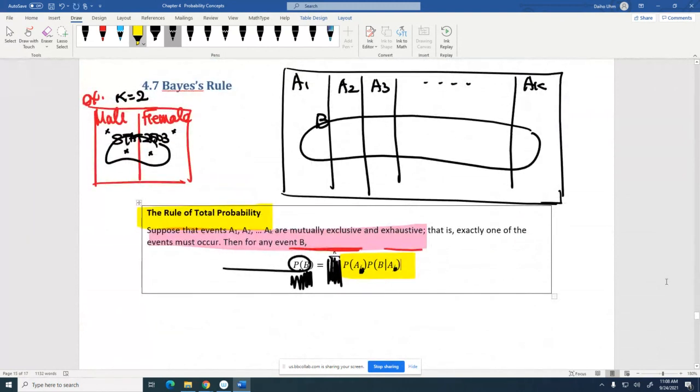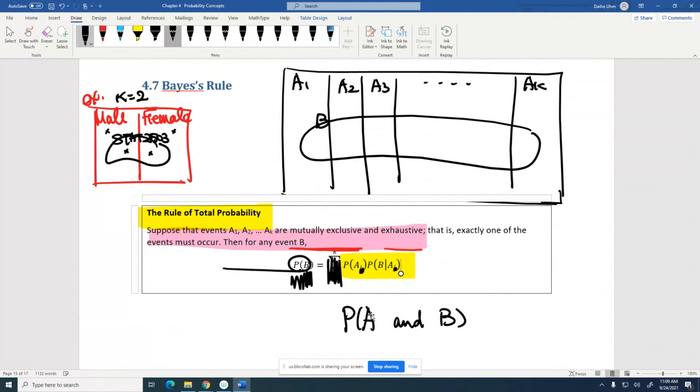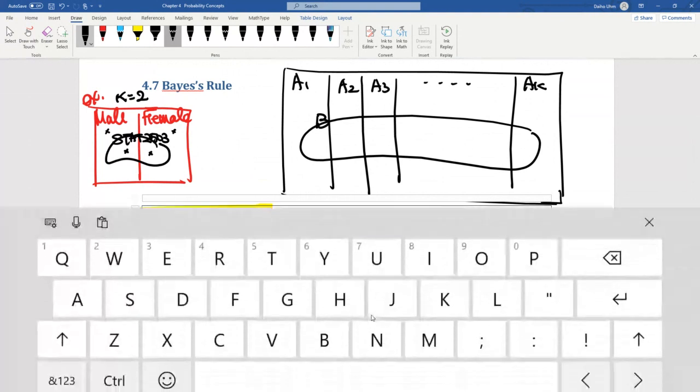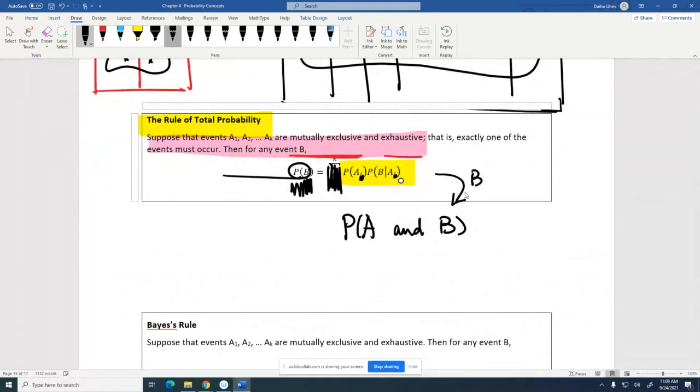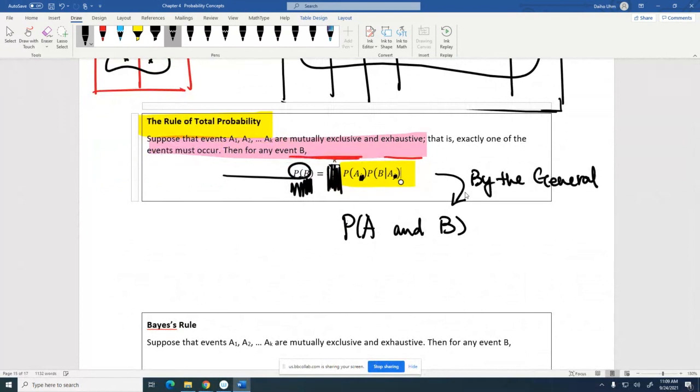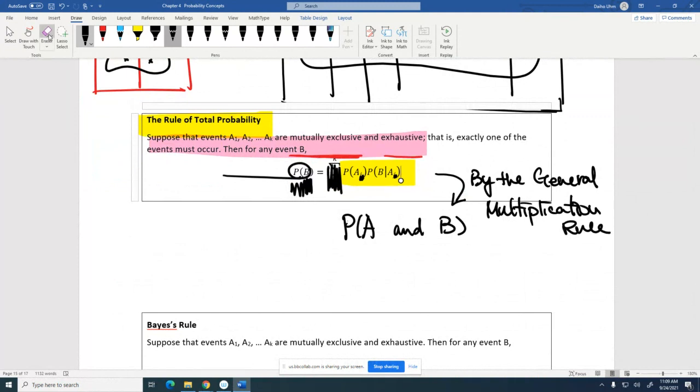Now I can write the multiplication will be the probability of A and B. How? By the general multiplication rule. But we had index j, so I just put the j here.